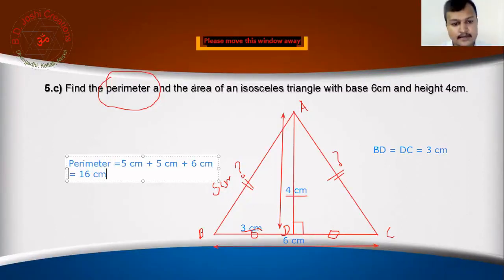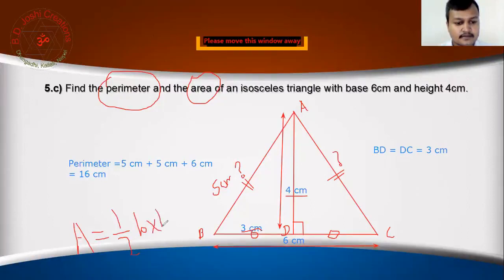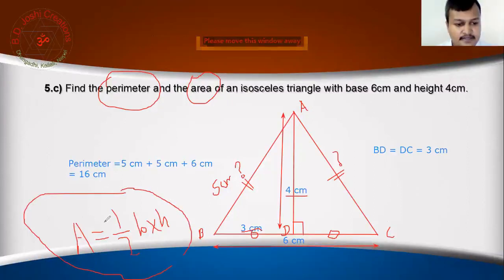And it is said to find out area also. If base and height are given, directly we can use the formula area is 1/2 into base into height. Okay, so it is not necessary to use the formula for area of isosceles triangle because that is lengthy. 1/4 B root over 4A square minus B square.